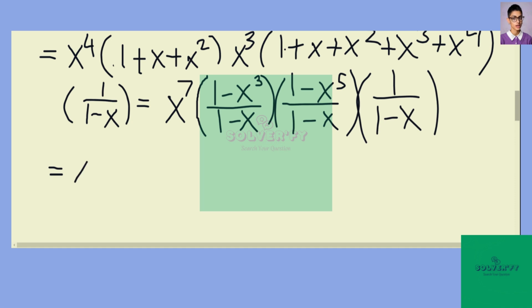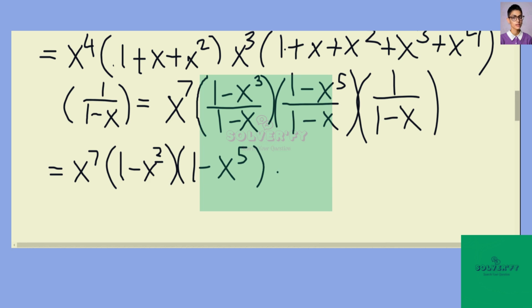And this reduces to x to the 7th times 1 minus x cubed times 1 minus x to the 5th times 1 over 1 minus x cubed.